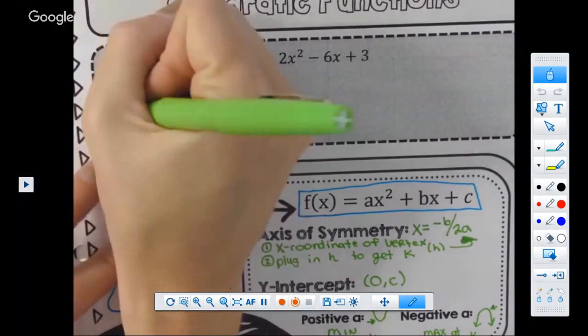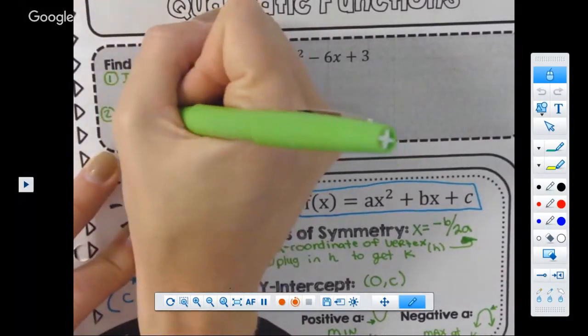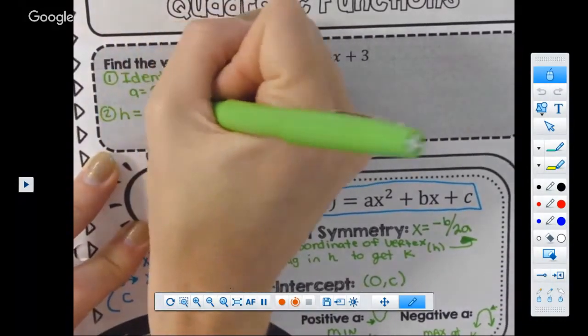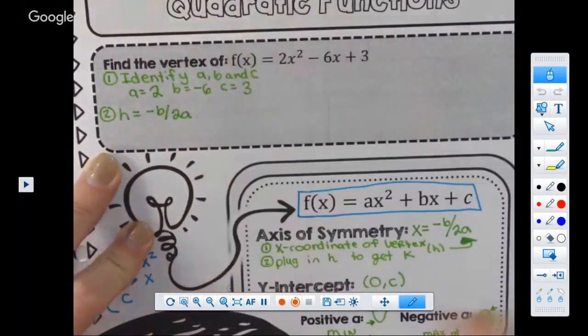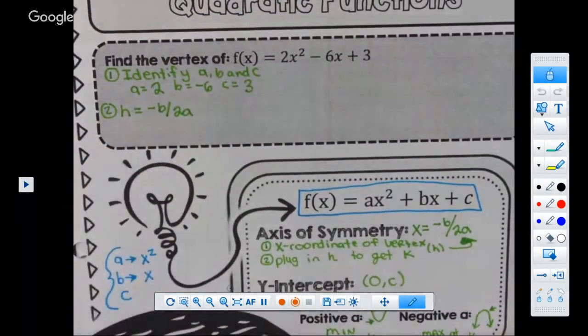The thing we're going to do is find h. And the way we find h, we just plug into our formula: negative b over 2a.